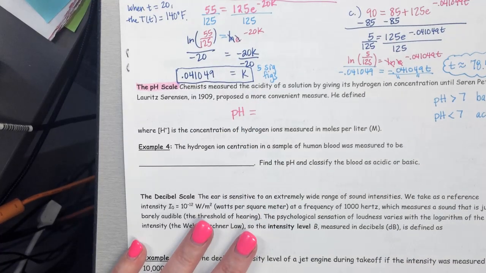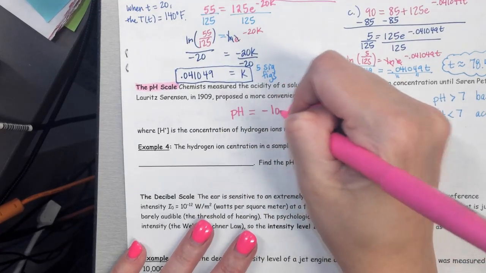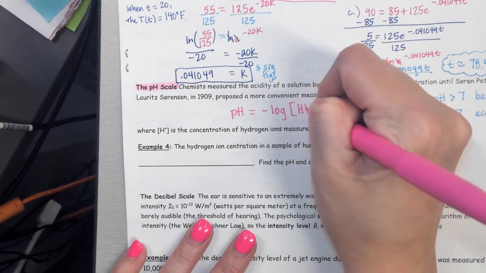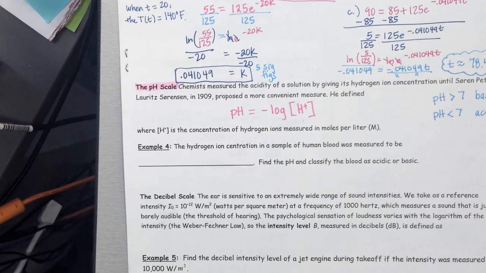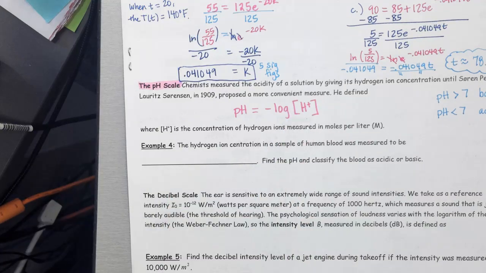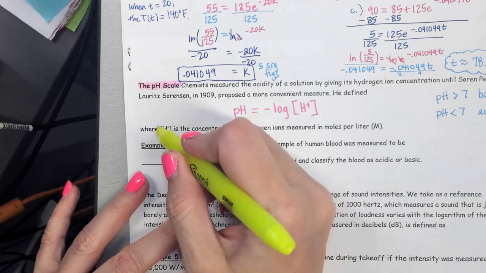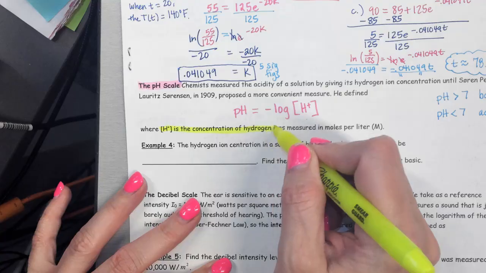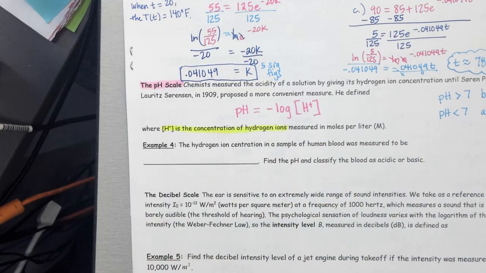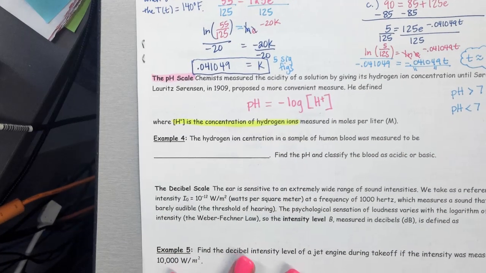It's actually very simple. It's the negative log of the hydrogen ion concentration. So that symbol, H plus, is the concentration of hydrogen ions, measured in moles per liter.